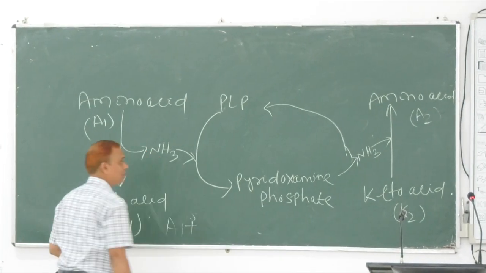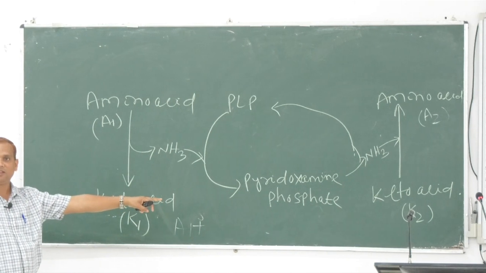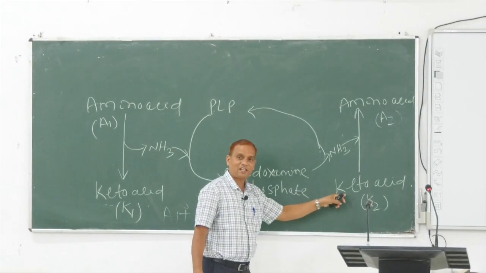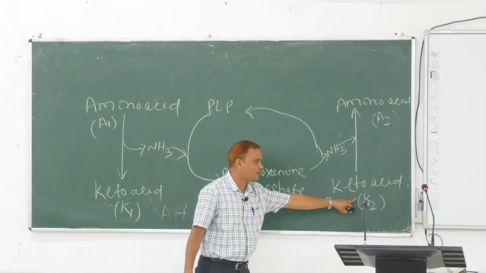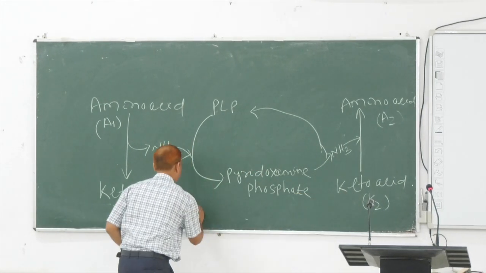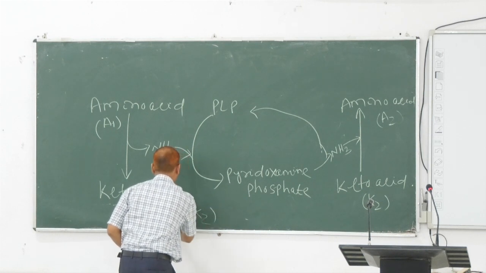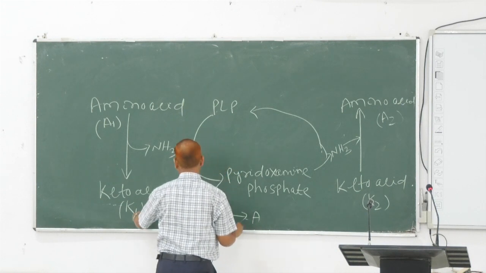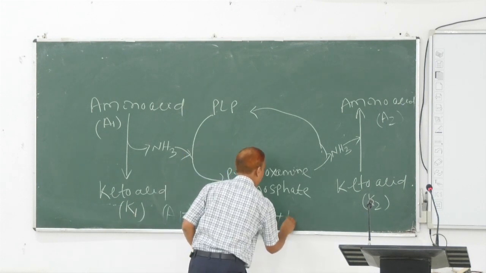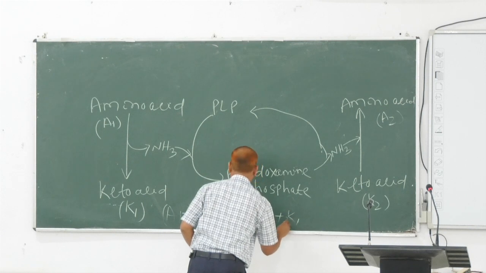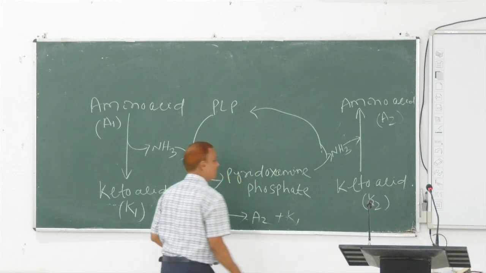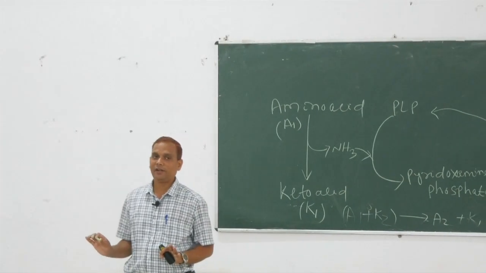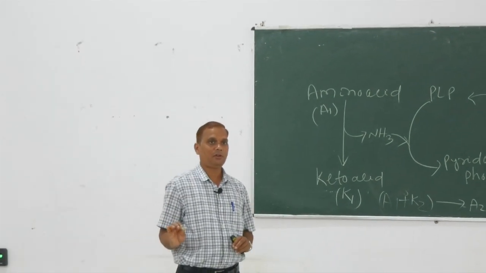A1 plus K2, because that amino group took this K2. Then it becomes K1 plus A2. Understand? Or any doubt?